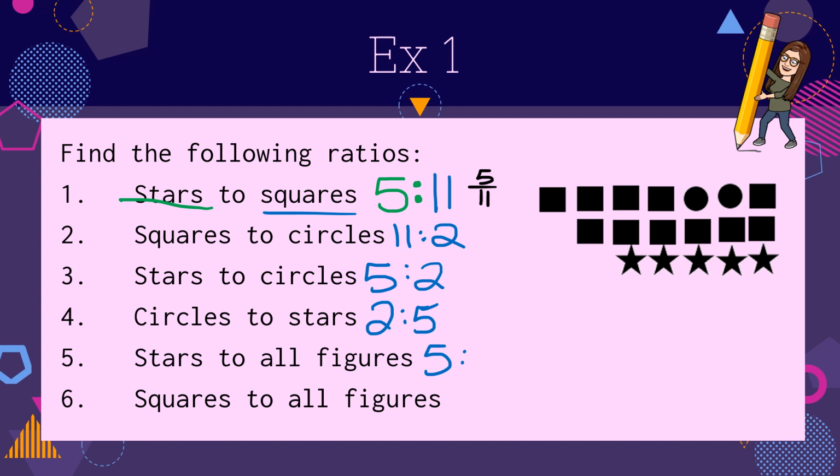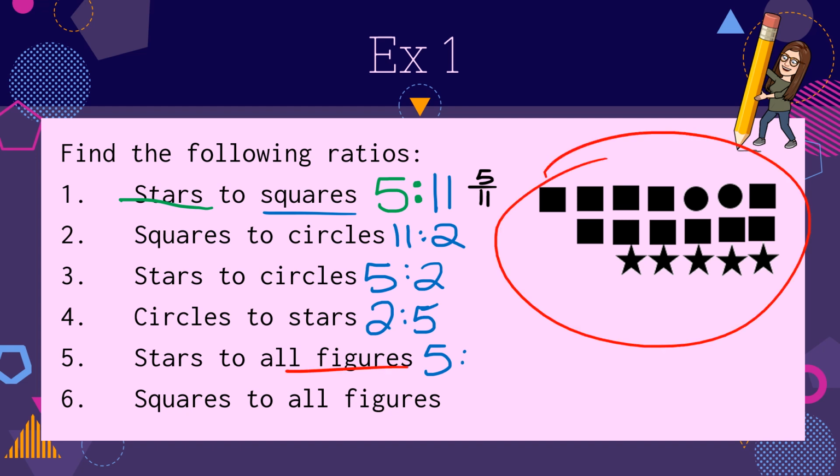So stars is 5, and all figures means everything. If I add up all the figures, I have 18 figures. Squares to all figures. Well, I have 11 squares, and there are 18 figures total. So when writing a ratio, you want to write it in the order that is asked.